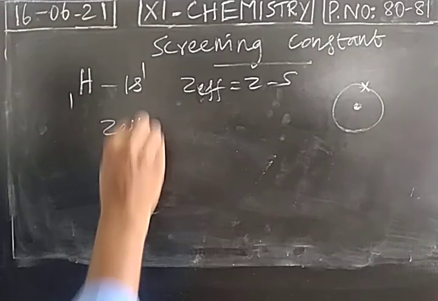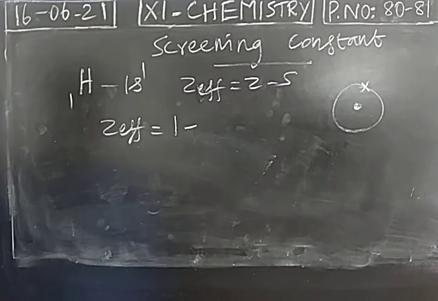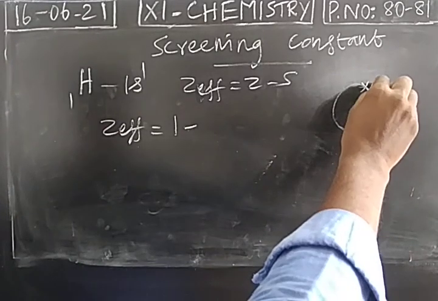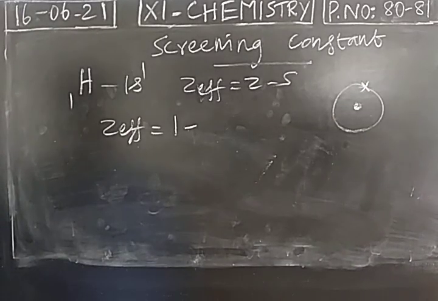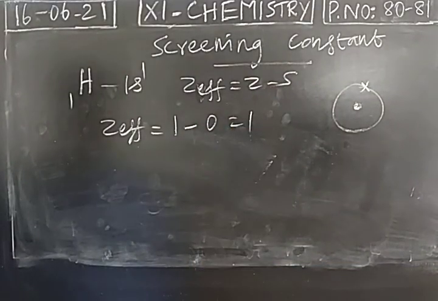For hydrogen, atomic number value is 1. What about the screening constant? Hydrogen has only one electron, no other electrons for shielding. So the screening constant value is 0. For hydrogen, effective nuclear charge is 1. The actual charge experienced by the valence electron is 1.